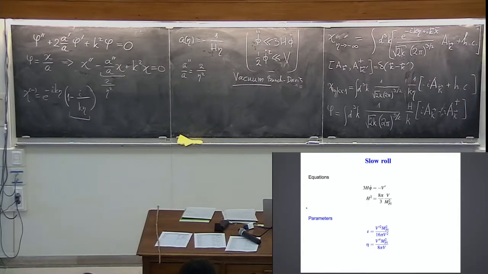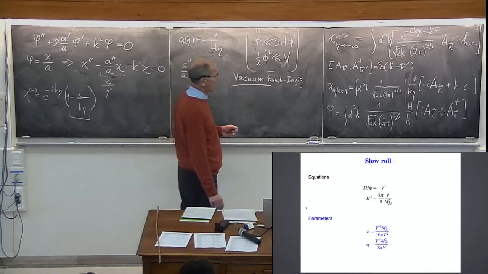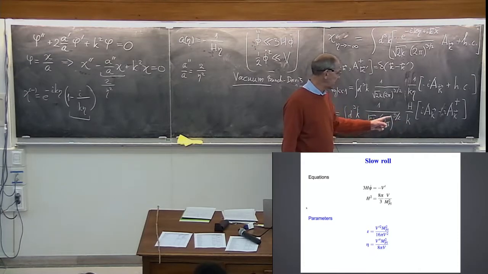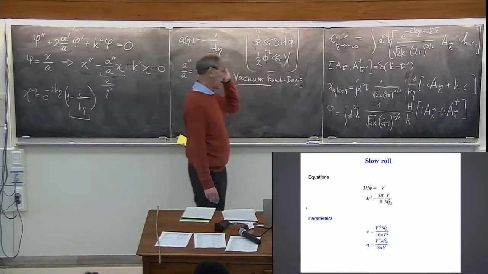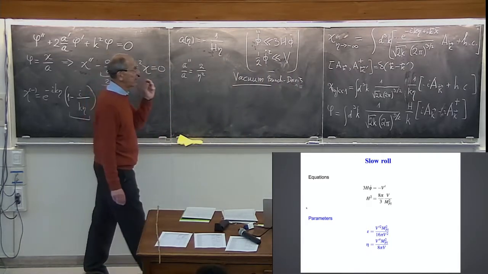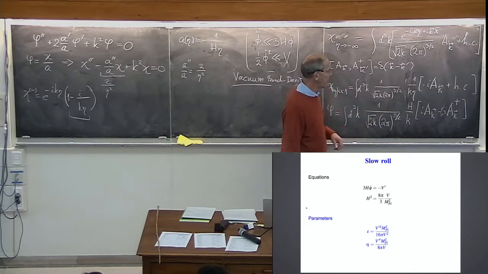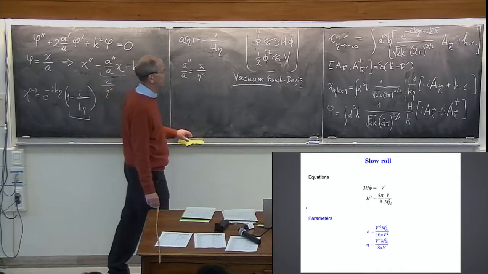So this is a static field as promised. It's independent of time, right? And what's most important here is that it contains k to the 3/2 in the denominator. And the claim is that if H is a constant, is independent of k, then this is the field with flat power spectrum.